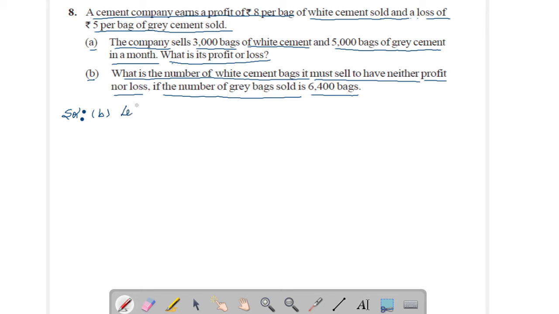Let the number of bags of white cement equal X. According to question, loss equal to profit.